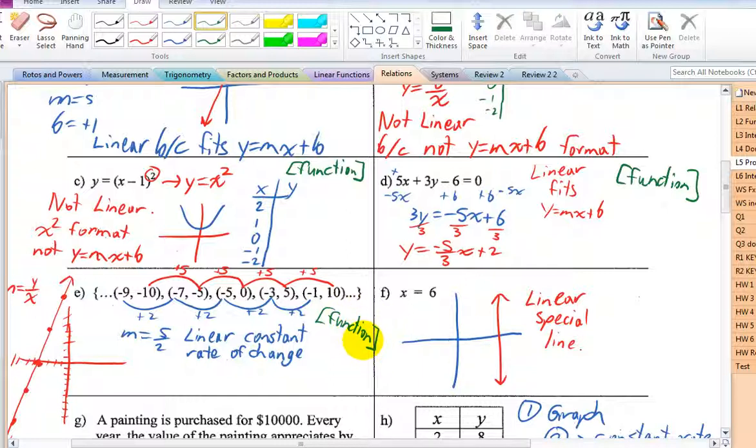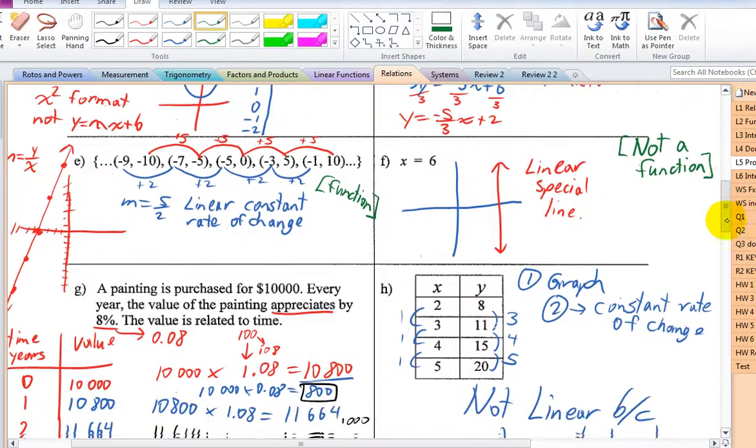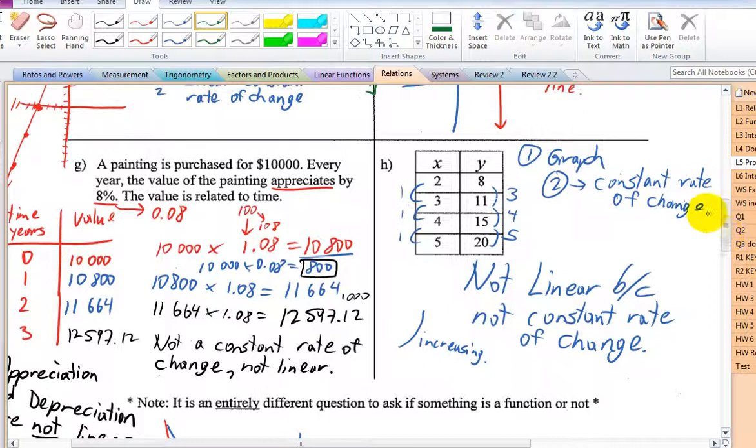What about F? Is that a function? No. It fails the vertical line test. This is the only straight line that fails. All other lines pass. This is the only one that fails. What about G? Is that a function? This graph is going up like that?